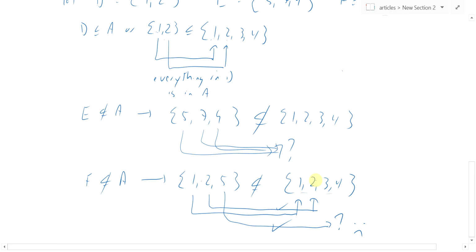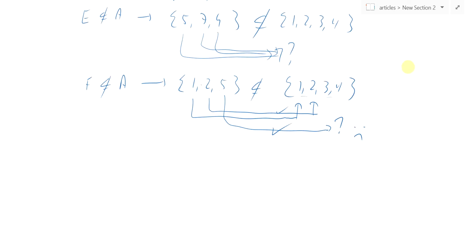Okay, so those are the basic problems. Element of, X element A, A subset B, those are sort of the basic concepts of sets, and this idea of a set as a list of things.